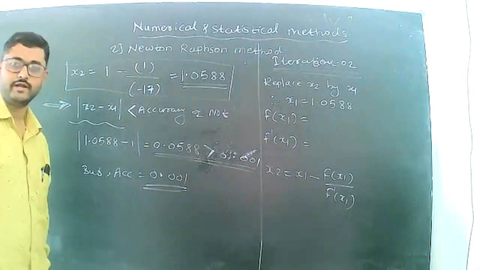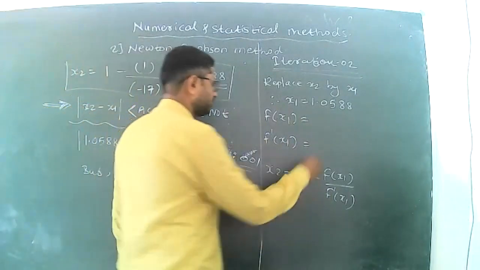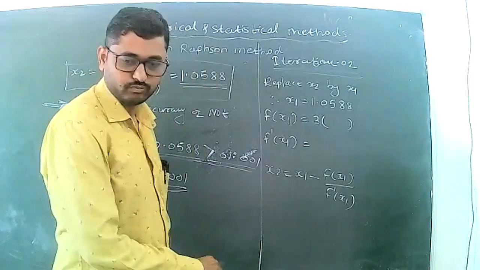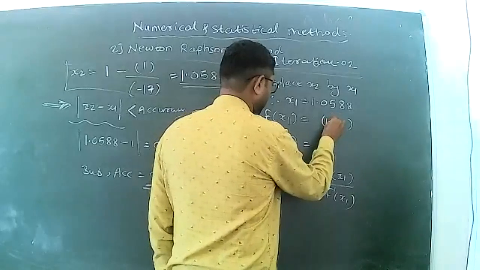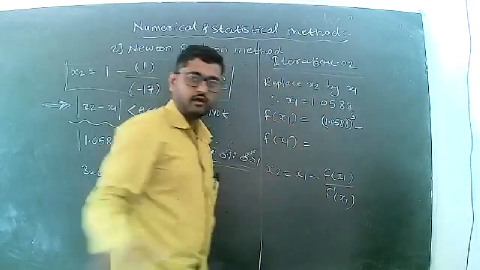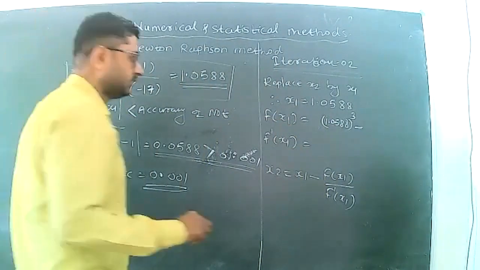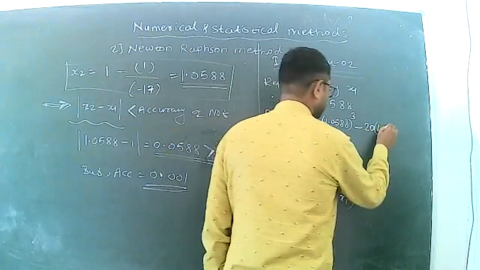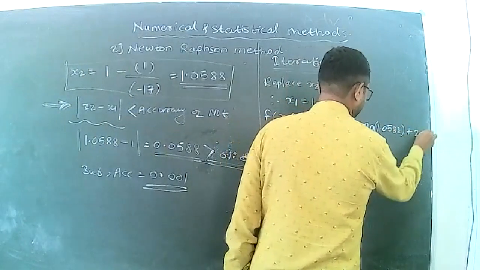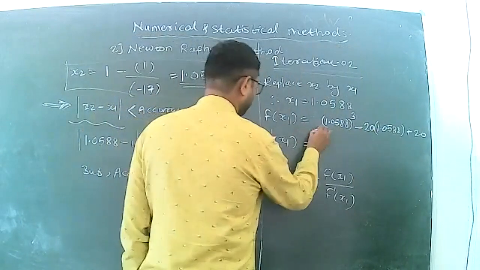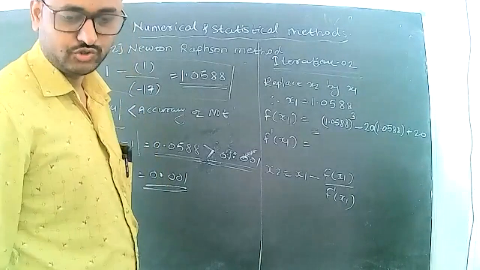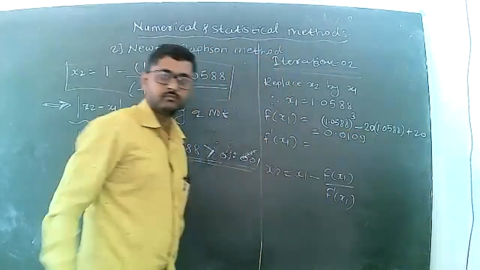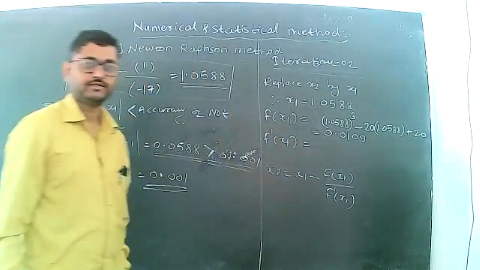Put x1 as 1.0588 into the function equation, x cube minus 20x plus 20. By calculation, f of x1 is 0.0109.